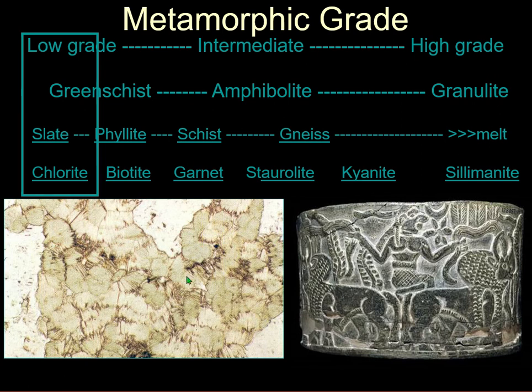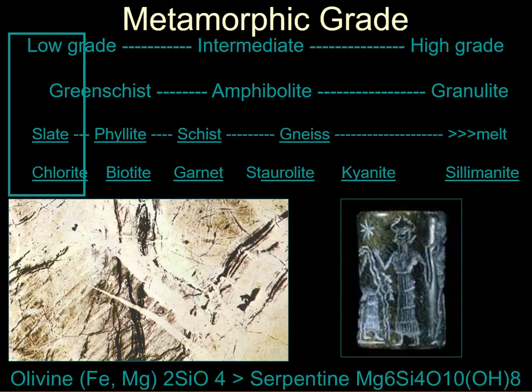Chlorite is a very useful rock. Again, you can make things out of it, and we get it in pottery. Olivine. Again, you can make things out of olivine, low-grade metamorphic rock. You can see here how it's still got some of the structure of the olivine, but it's being replaced by serpentine.